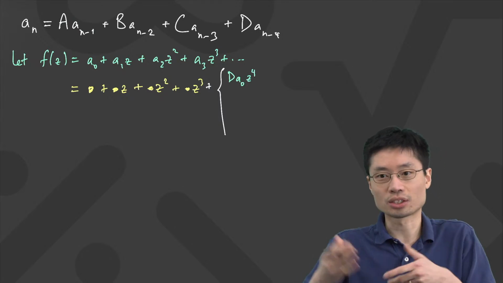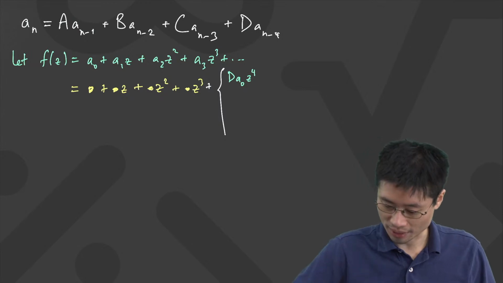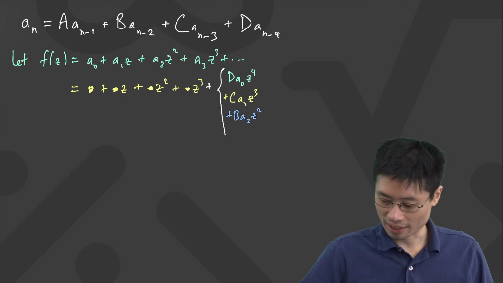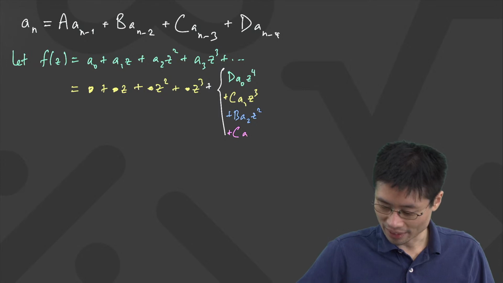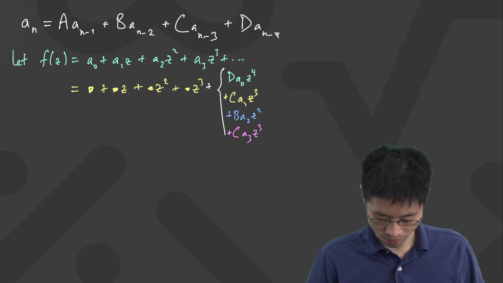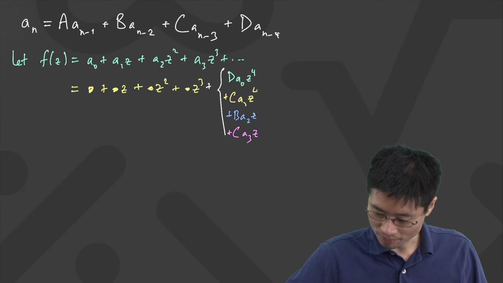Then that's going to add together with a bunch of different things, plus C a_1 z cubed plus B a_2 z squared, and then plus C a_3 z cubed. What did I just do? No, those powers of z are all wrong, so those are all z to the 4th.